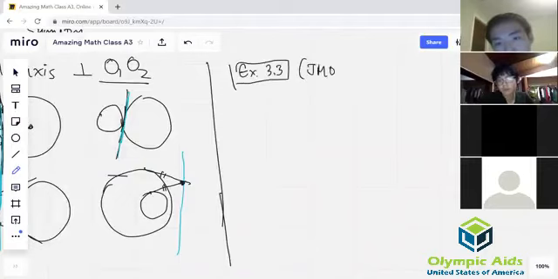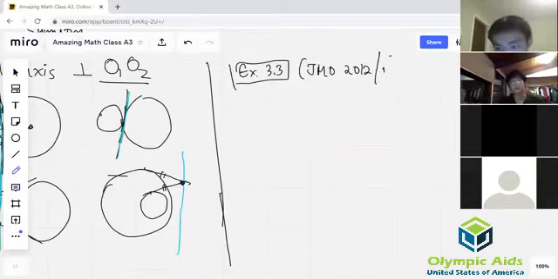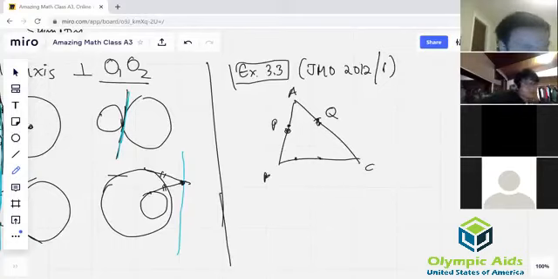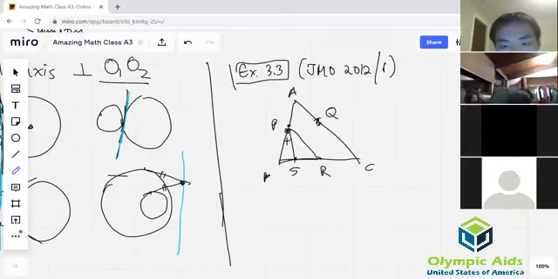So the first example is JMO 2012, number 1. This problem states that I have a triangle ABC with some points P and Q, and then some points S and R. And what I know is angle BPS is equal to angle PRS.